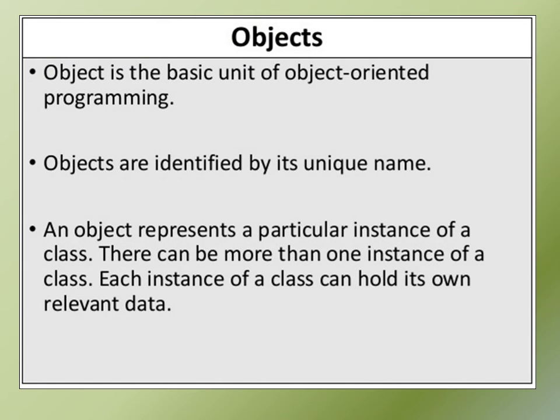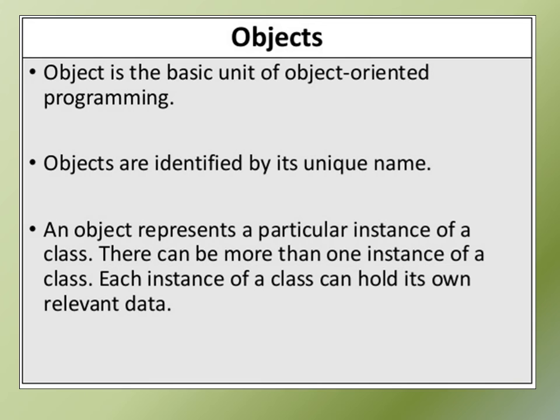Now we'll see a little about objects. An object is the basic unit of object oriented programming. Objects are identified by a unique name, so each and every object has its name. An object represents a particular instance of a class. There can be more than one instance of a class, so you can create a number of objects of the same class.